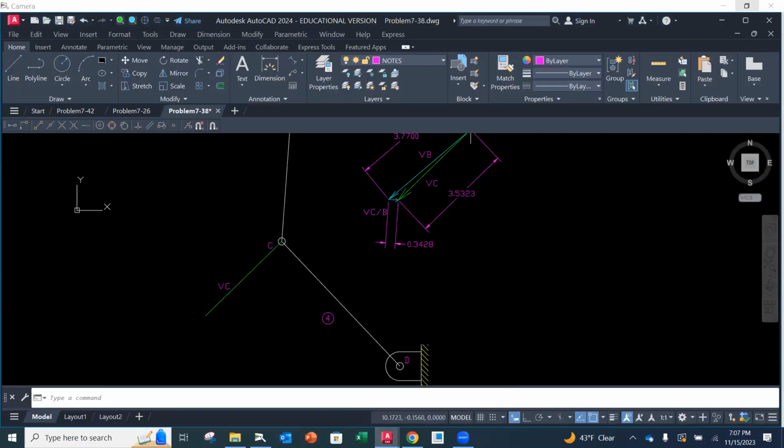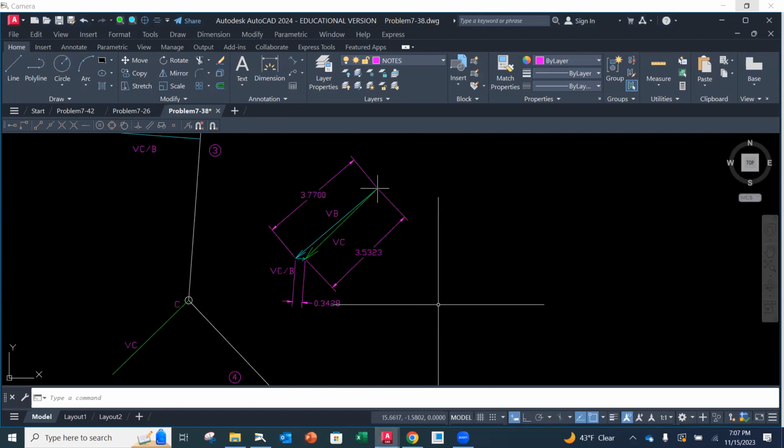So we're going to go back to AutoCAD. Now the numbers we're dealing with are 200, 401. It probably makes sense to divide by 10.